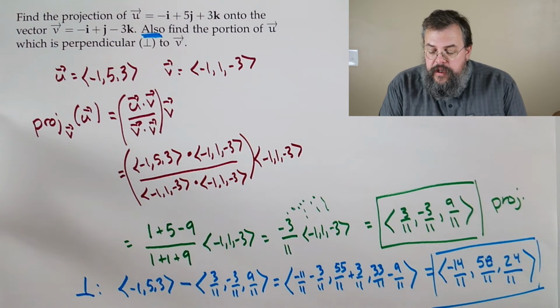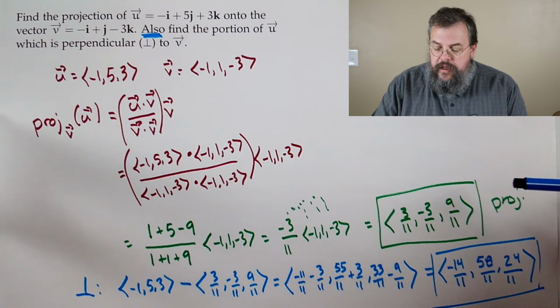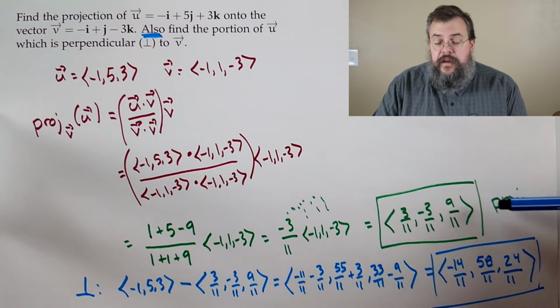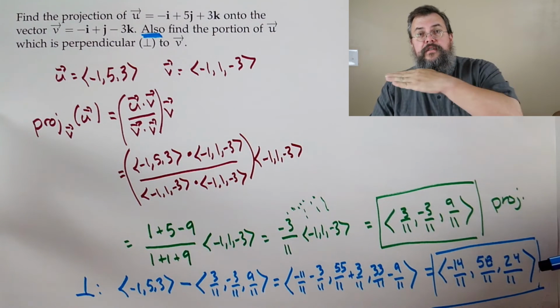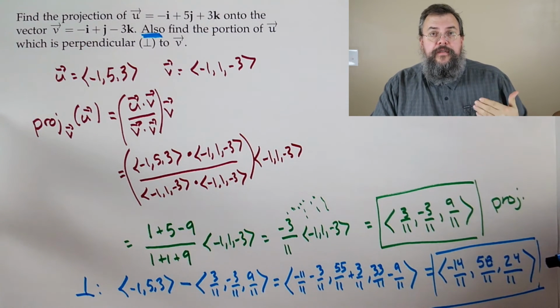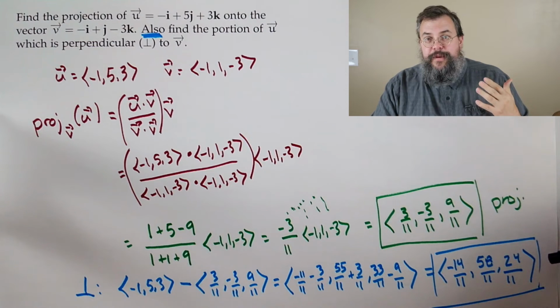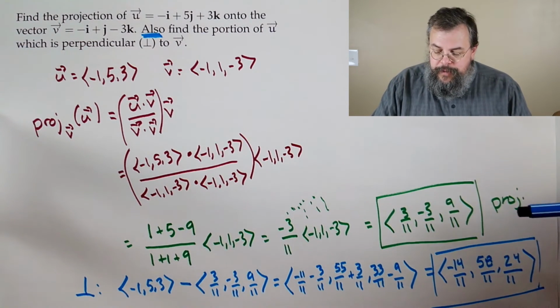Now, one of the things that we could do, if we were really patient, is check. How would we check? One way is to say these two pieces should be perpendicular to one another, because one part is in the direction of v, one part is perpendicular to v. If you have two vectors which should be perpendicular, their dot product should be 0. Now this one is probably not an easy one to compute.